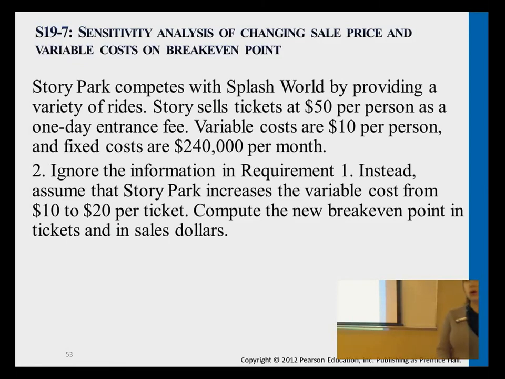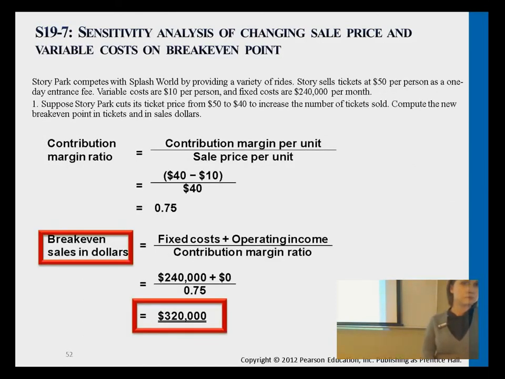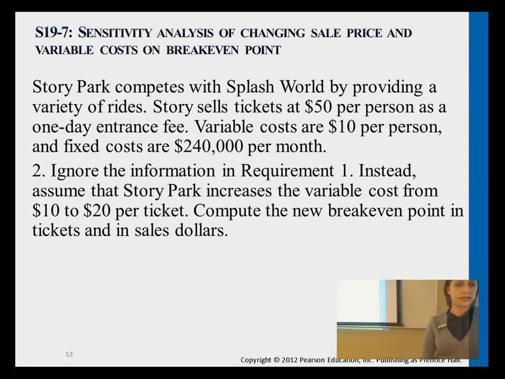So try this on your own. You see it's even saying requirement 1. It's very similar to what you have. Okay, so we have the same story, same splash world, same prices.